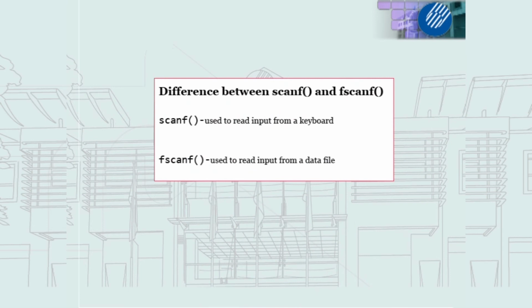So, another simple tip to remember: the scanf function is used to read input from a keyboard, and the fscanf function is used to read input from a data file.